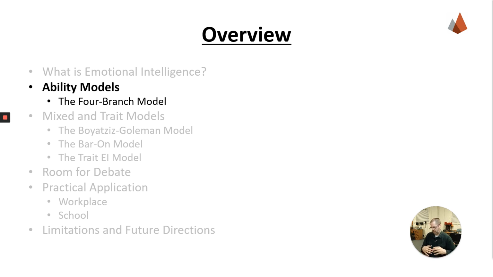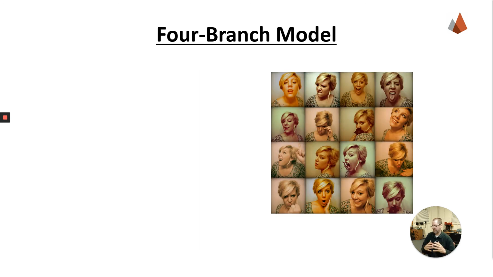Two of these are on this particular slide, and then the other two on the next slide. This model, the four branch model, proposes that four fundamental emotion-related abilities comprise emotional intelligence. So those four things are perception. Now this isn't two here, but the first one, perception or expression of emotion.